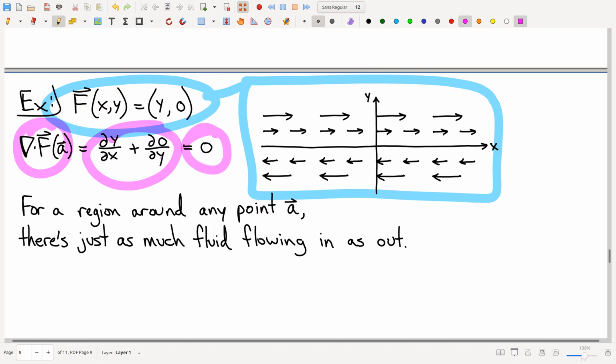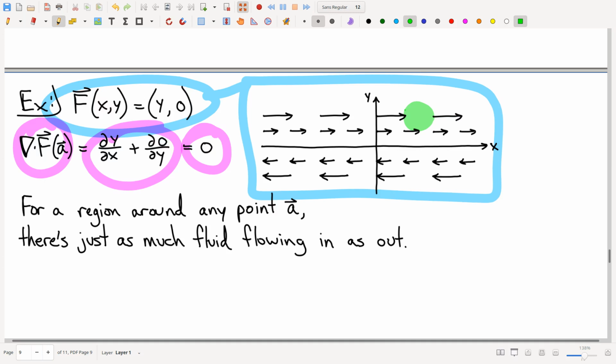Now, again, I claim that this tracks. This calculation of divergence is consistent with the idea that divergence represents how much fluid is emanating outward away from a point. So, for example, if I were looking in this general vicinity right there, and let's talk about how much fluid, whatever the fluid is, it doesn't matter, is flowing outward out of this region.